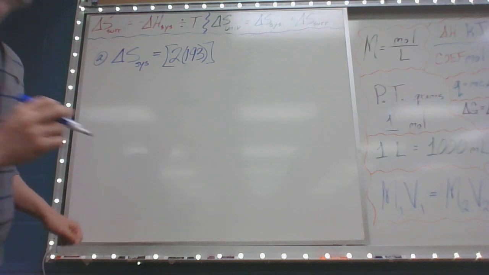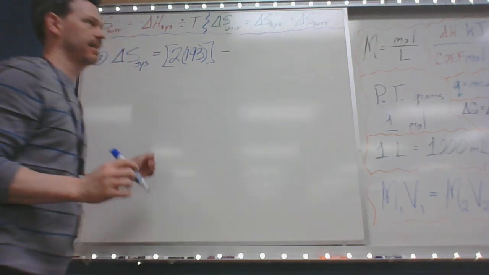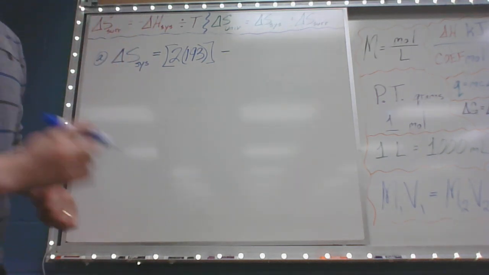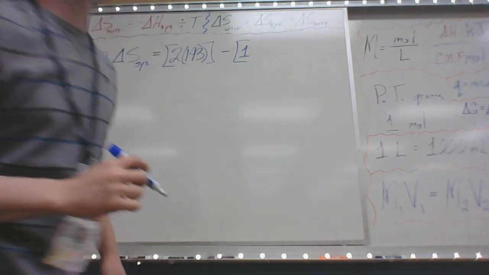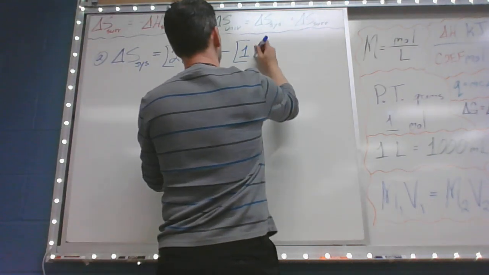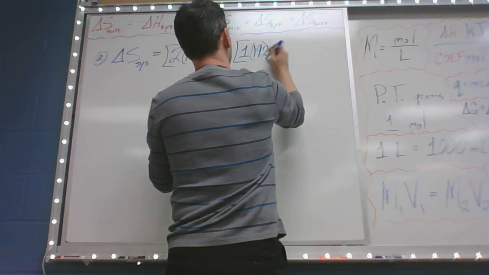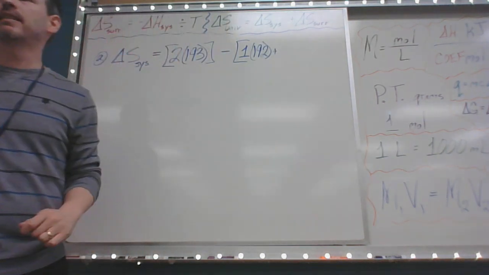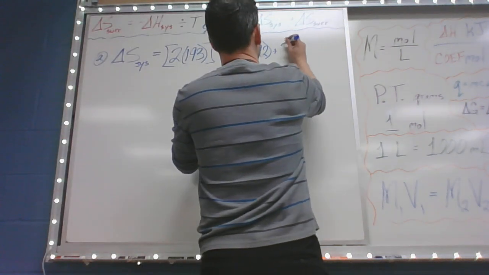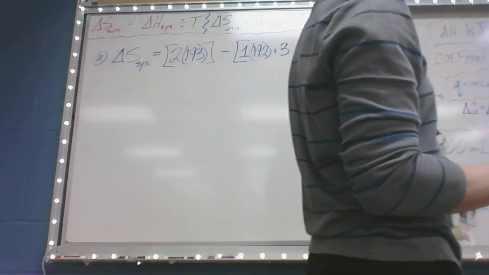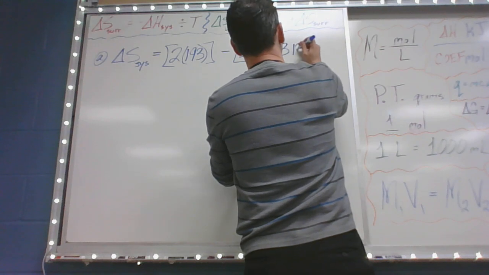There's all the product information minus the sum of the reactants. It looks like there's one nitrogen in the reaction with an S value of 192 plus 3 hydrogens with an S value of 131.